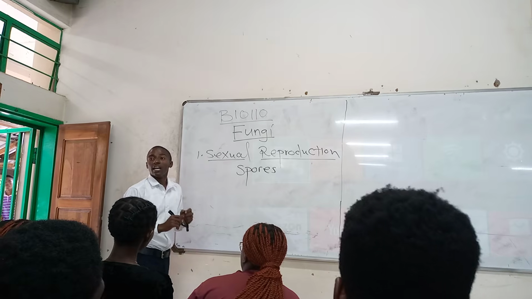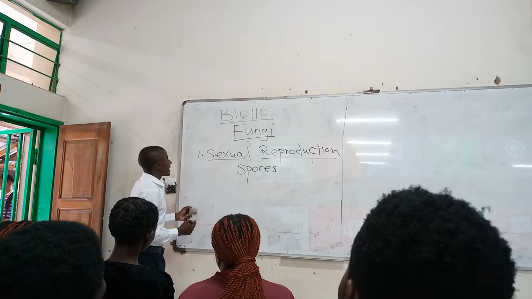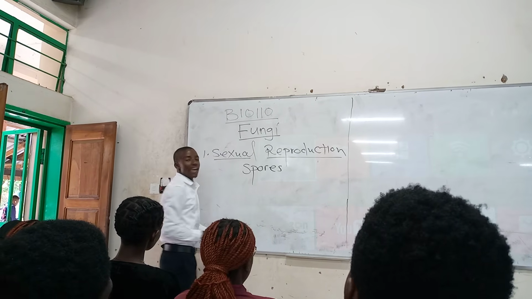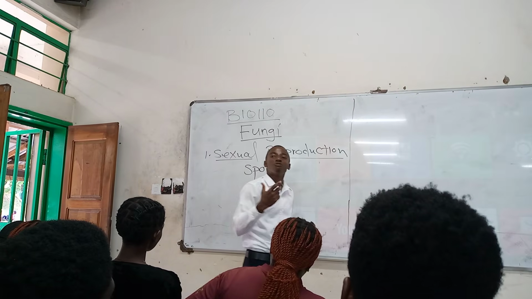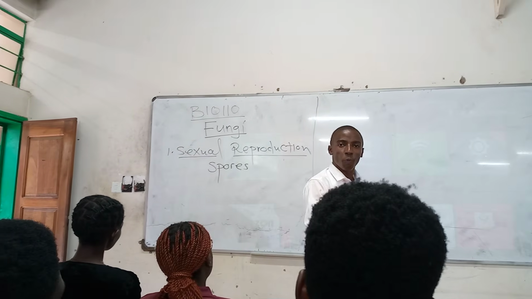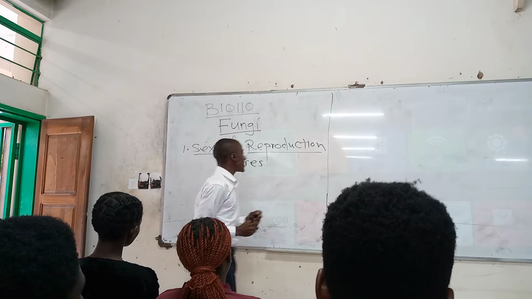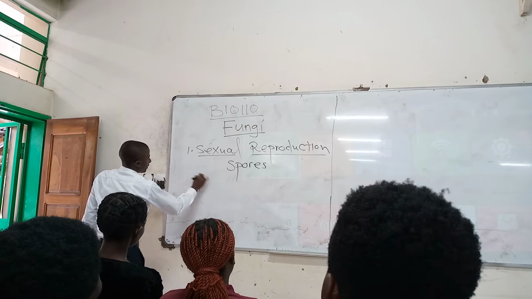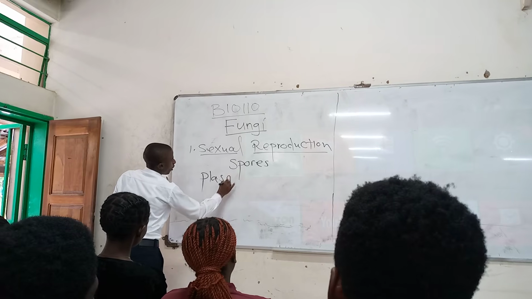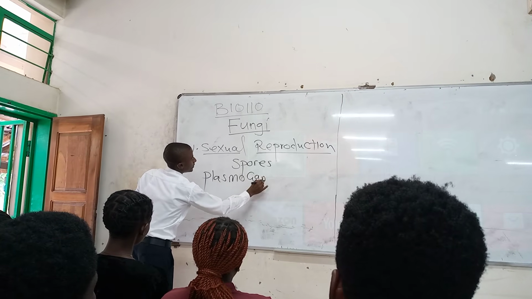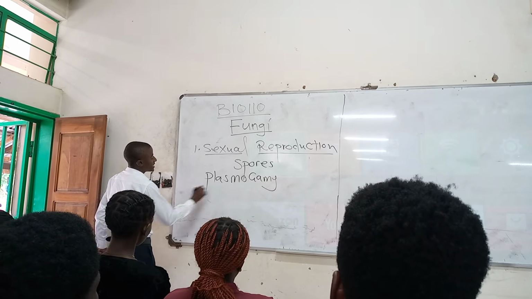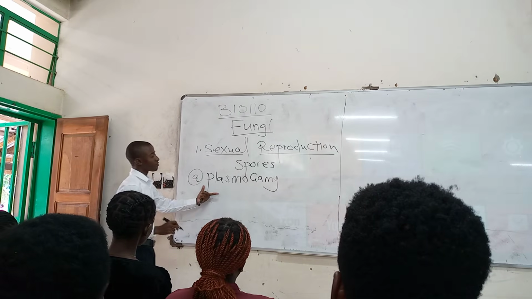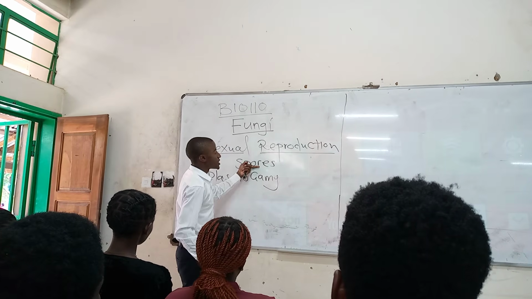Are you following? Yes. So what you should understand is that under fungi, there are about three stages involved in the production of what? Spores. Is it making sense? Yes. So the first one is what we call plasmogamy. Plasmogamy is the first stage involved in the production of spores.